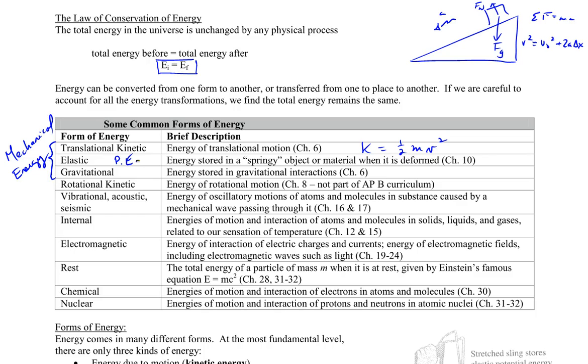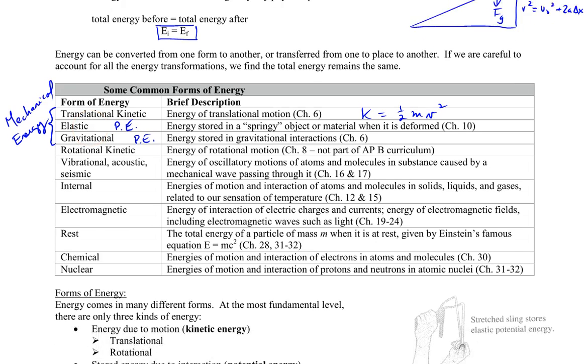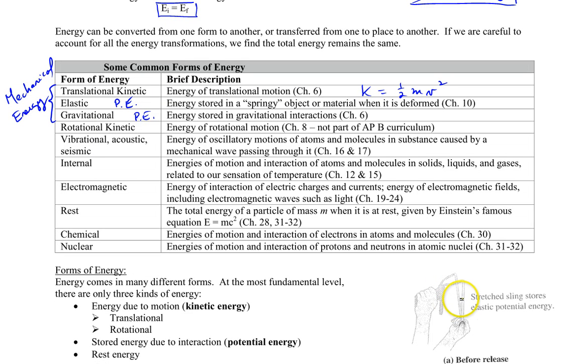Now there are two different types of potential energy that you'll come to see in this chapter. We have elastic potential energy. Let's say you stretch a sling and you pull back on it with more and more force, and eventually it stretches, and then you release an object, and then eventually it turns into a different type of energy. Well, when you stretch this object, you're storing what we call elastic potential energy.